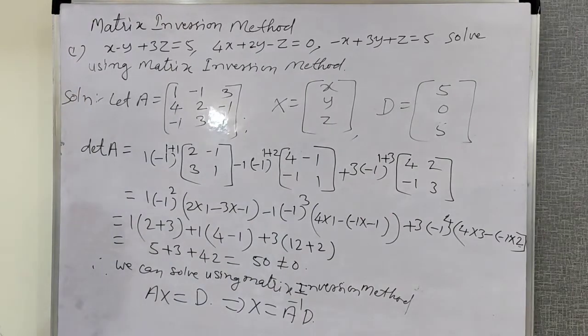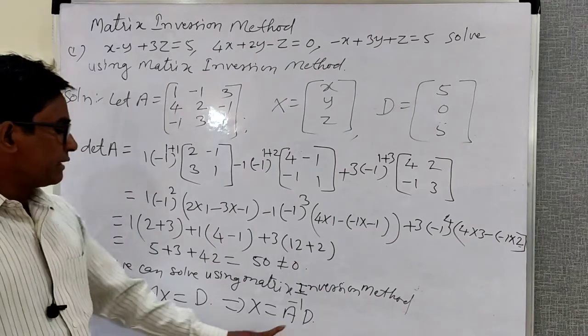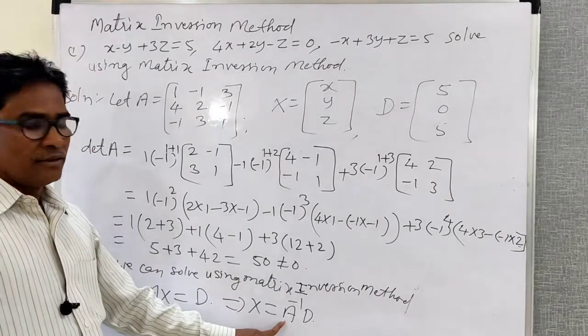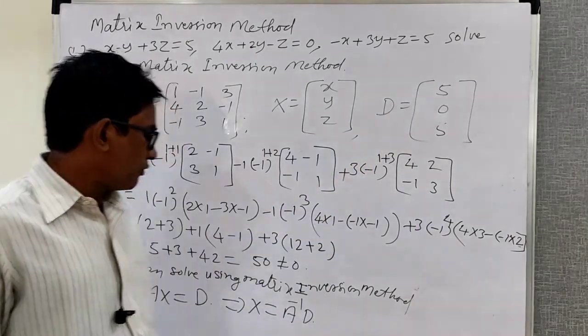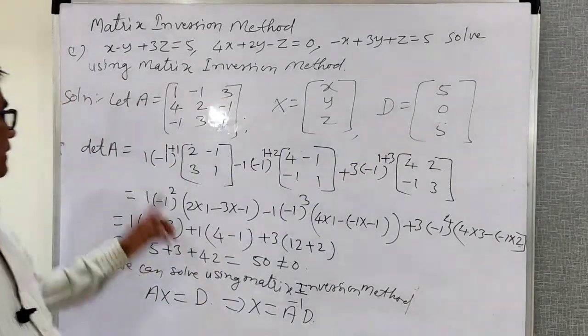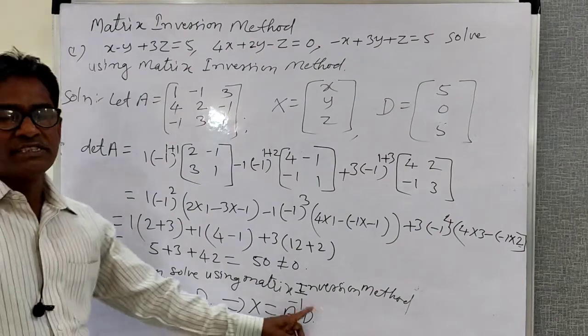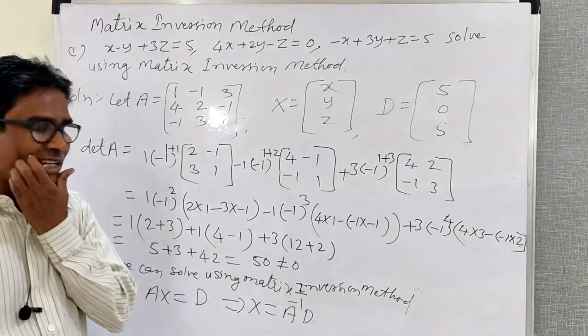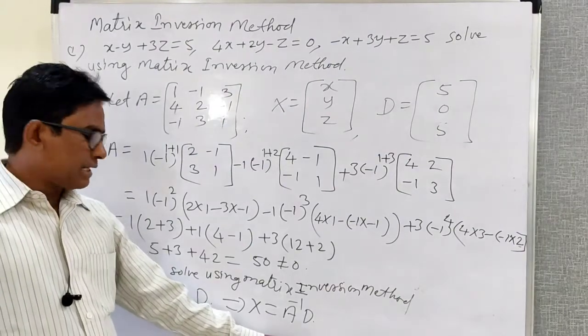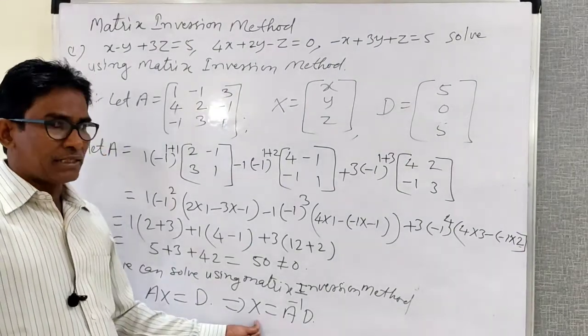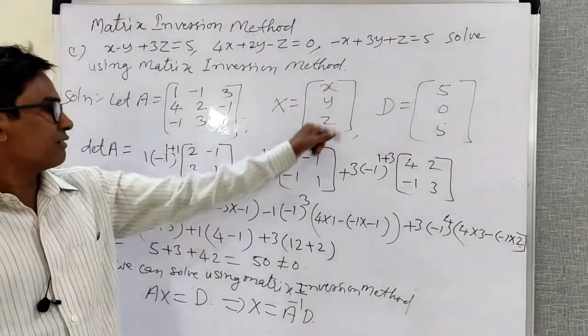So how we can get x, y, z values? After multiplying D matrix with A inverse. D matrix means 5, 0, 5 with A inverse. A is given, A inverse is not given. So we have to find out A inverse. After getting A inverse, multiply with D matrix, then we will get X matrix. So this X means X, Y, Z.